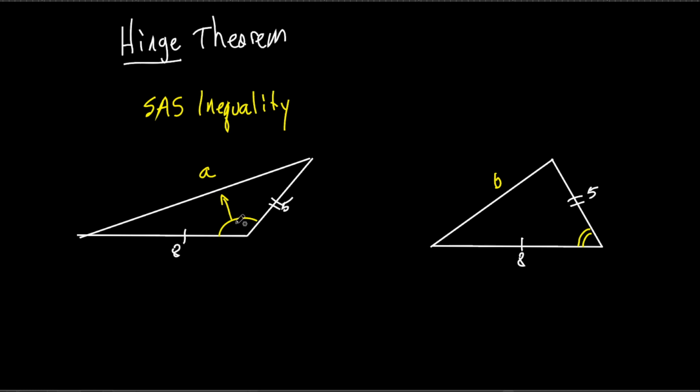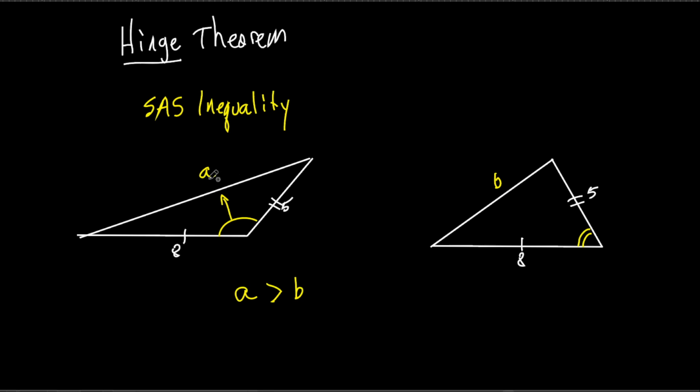So if this angle that's between the two equal sides is bigger, then the side opposite the bigger angle is going to be bigger than the side opposite the smaller angle. So I could say side A is greater than side B. Does that make sense?